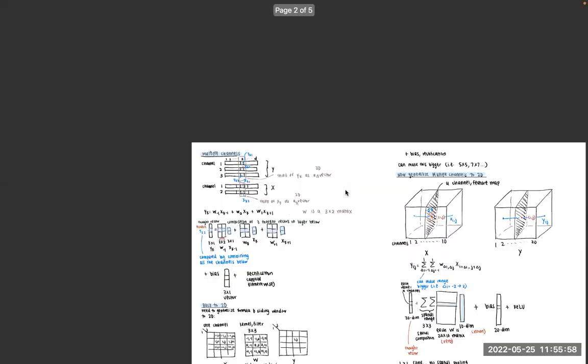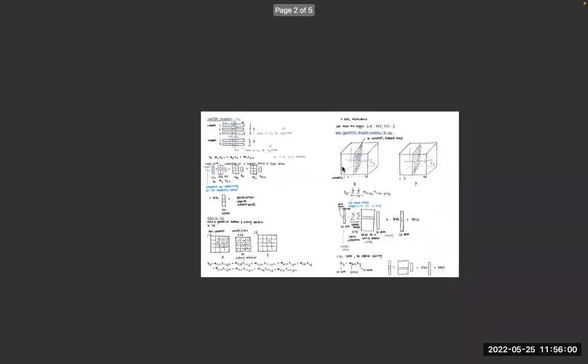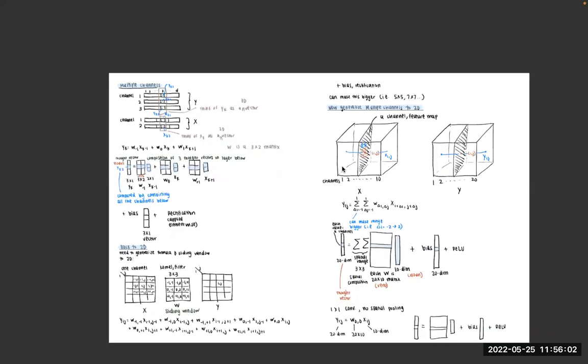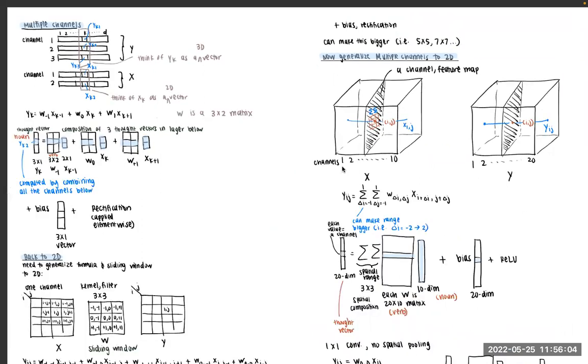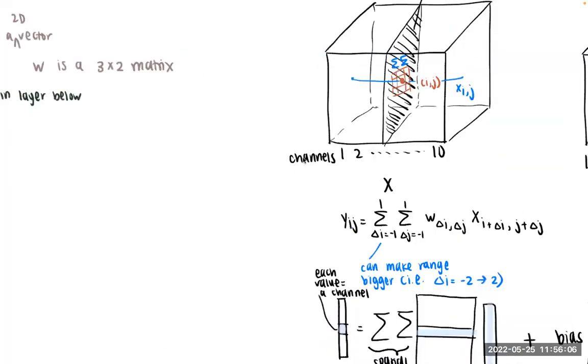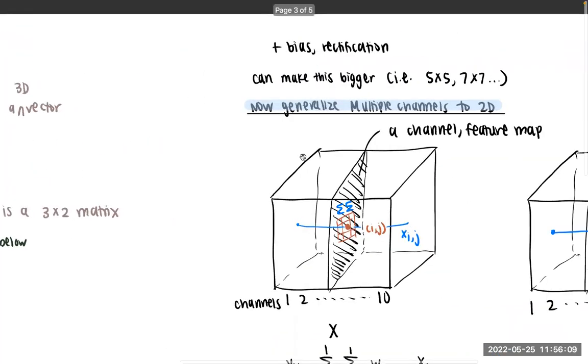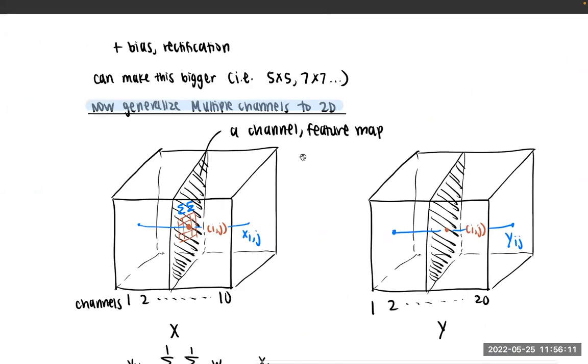Oops, sorry about that. I think my trackpad is not very responsive. Okay, I move slowly to here.